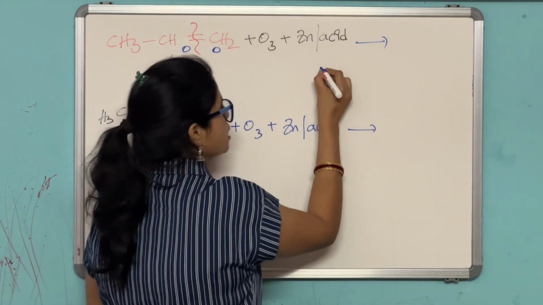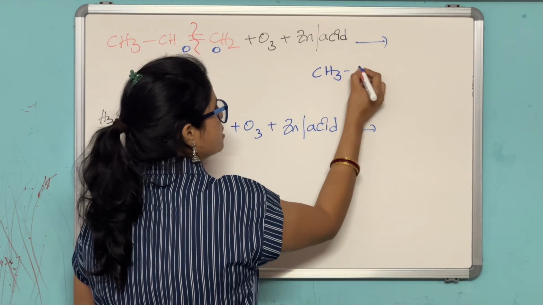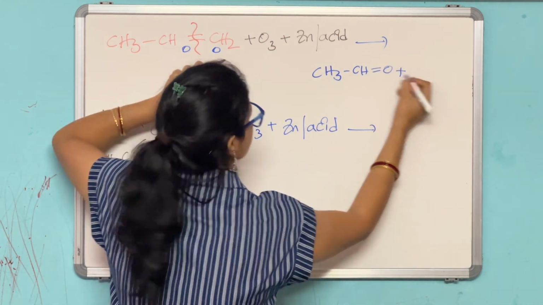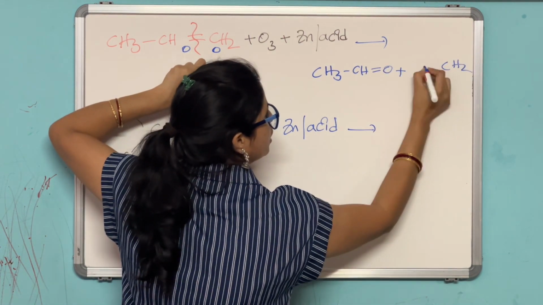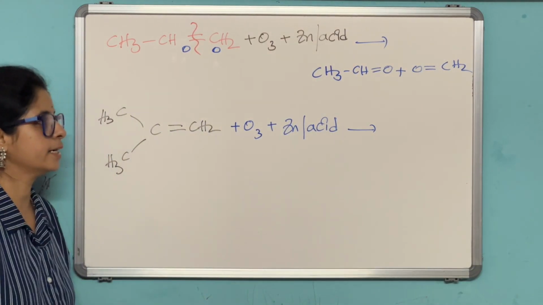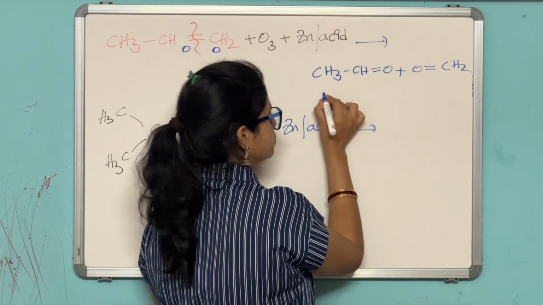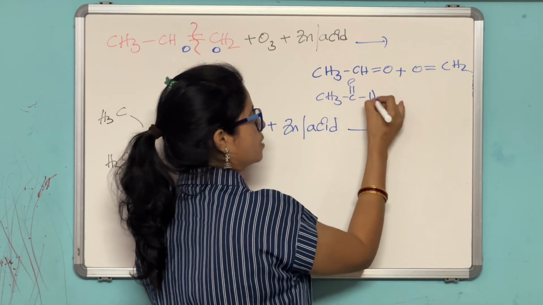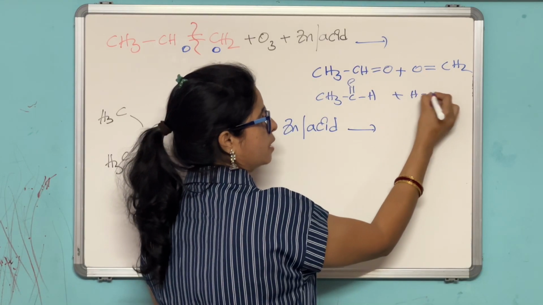So here it is CH3 CH double bond O plus CH2 double bond O. It is acetaldehyde and formaldehyde.